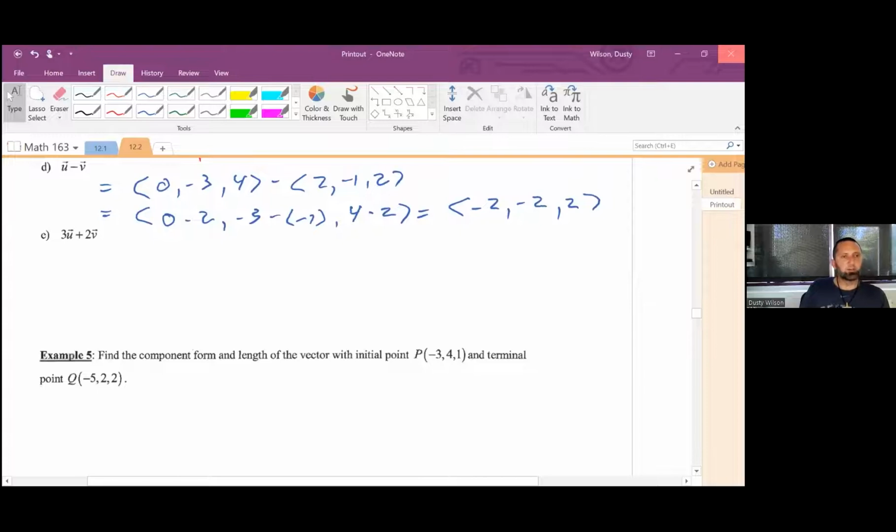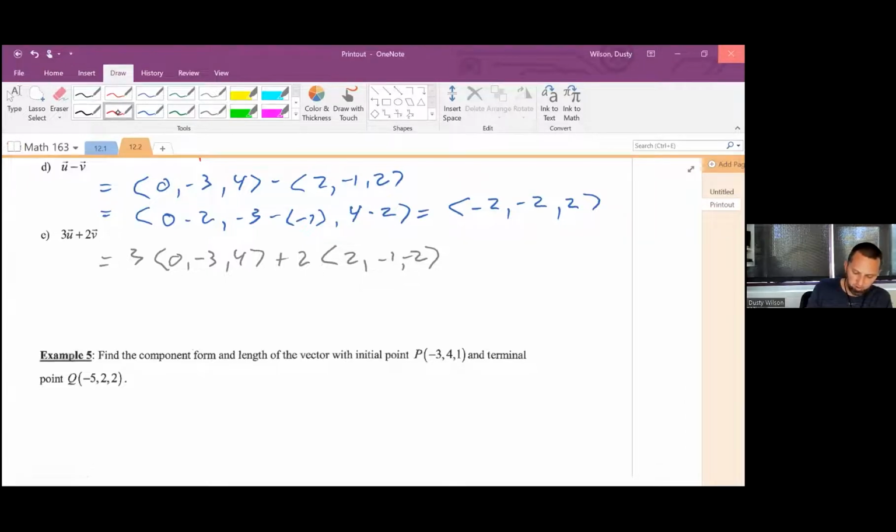In E, we want to find 3u plus 2v. So this would be equal to 3u, which is 3 times 0, negative 3, 4, plus 2 times v, 2, negative 1, negative 2. Pardon me, I've got to come back and fix the previous one.